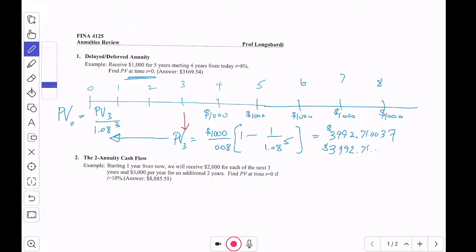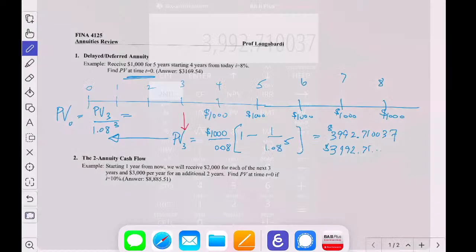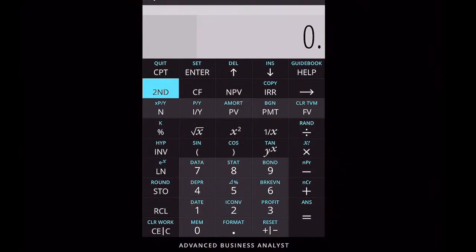Do I have to actually divide that? Well, I could, or I can just go back to my calculator and use the basic time value of money approach. I clear the screen and say now it's 3 periods, and I want to discount at 8%.